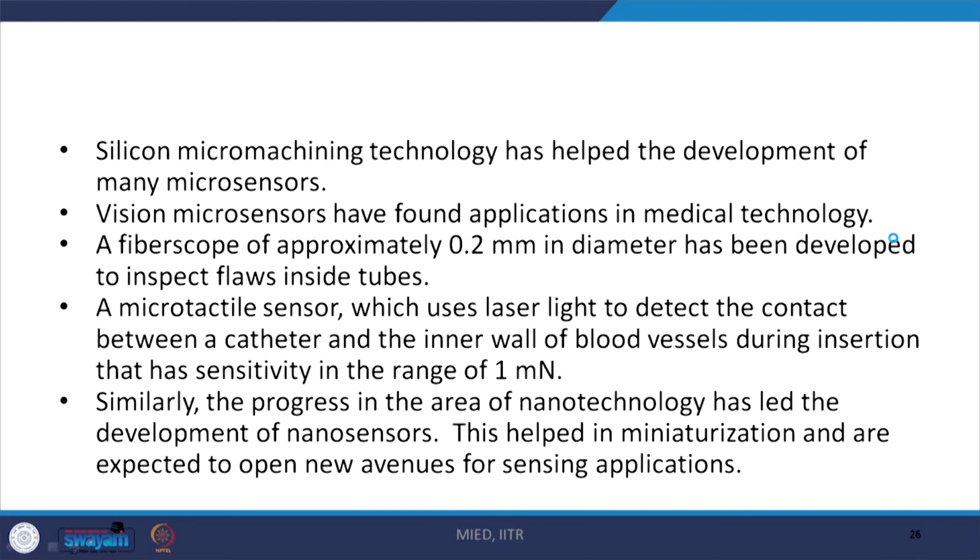Silicon micromachining technique has helped in the development of many microsensors. Basically, vision microsensors have found application in medical technology. A fiberscope of approximately 0.2 mm in diameter has been developed to inspect flaws inside tubes. See the dimension, 0.2 mm. There is also a micro tactile sensor which uses laser light to detect the contact between the catheter and the inner wall of the blood vessels during insertion, and has sensitivity in the range of 1 millinewton.